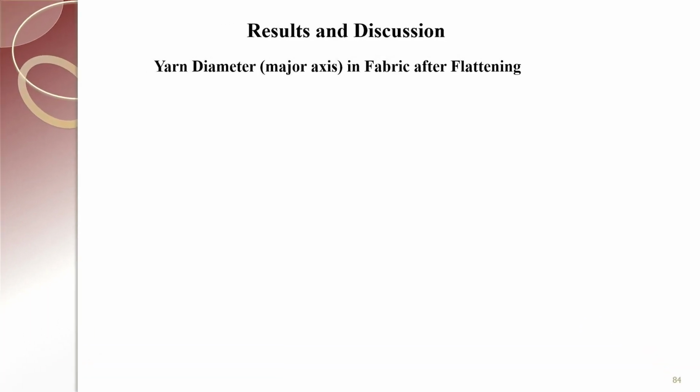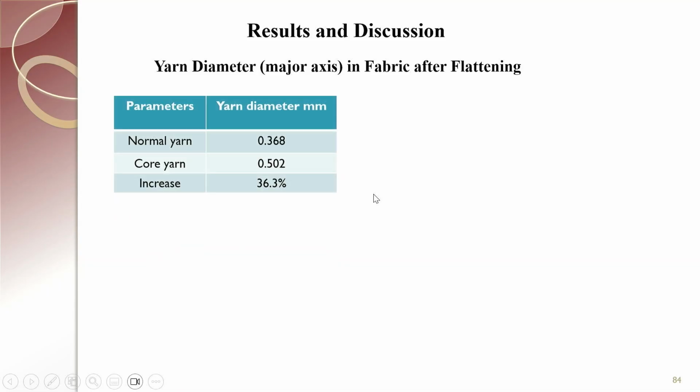Now, what are the results? The yarn diameter is measured across the axis in the fabric after flattening. So, you can see the yarn diameter for normal yarn was 0.368.